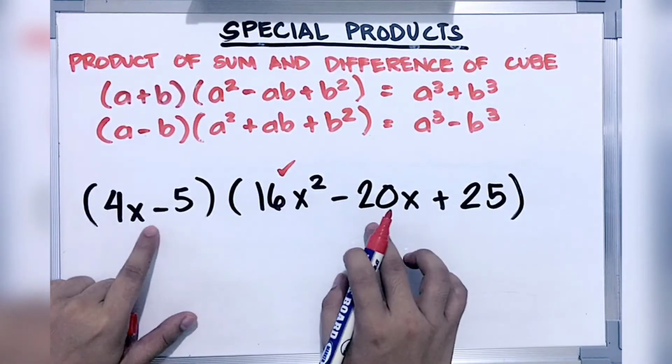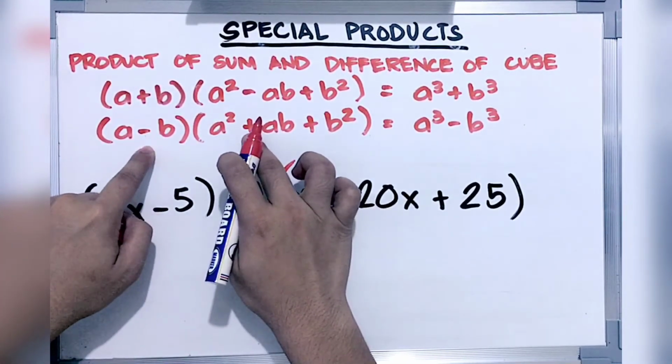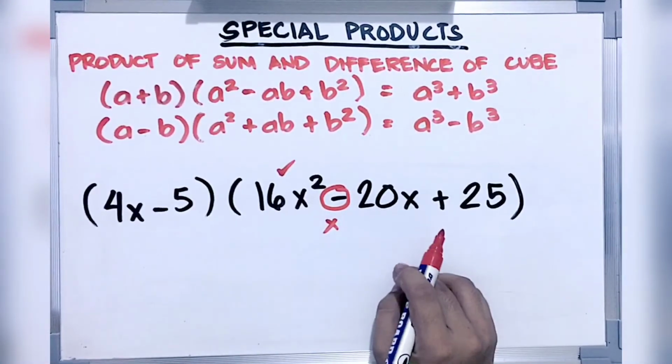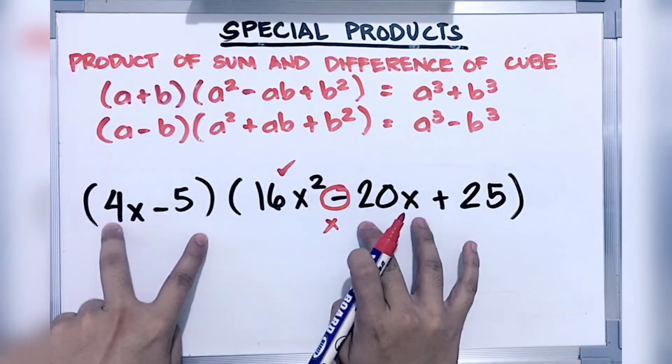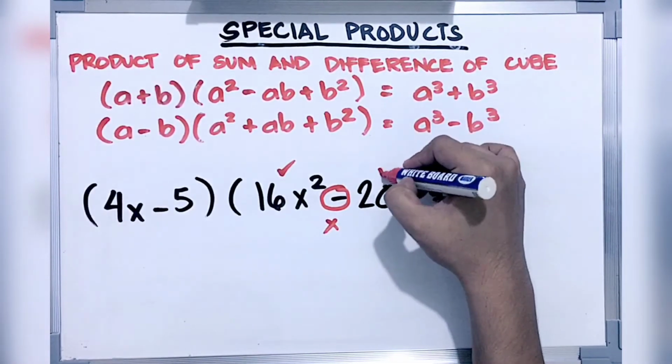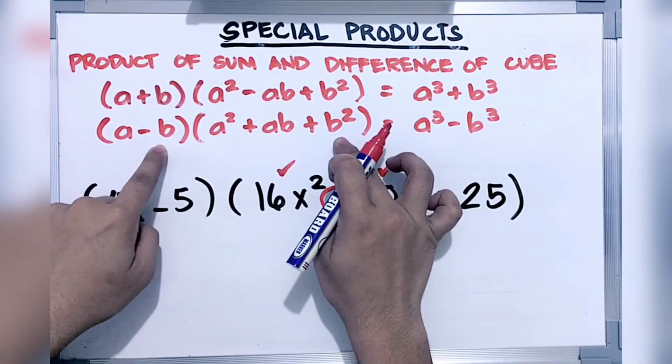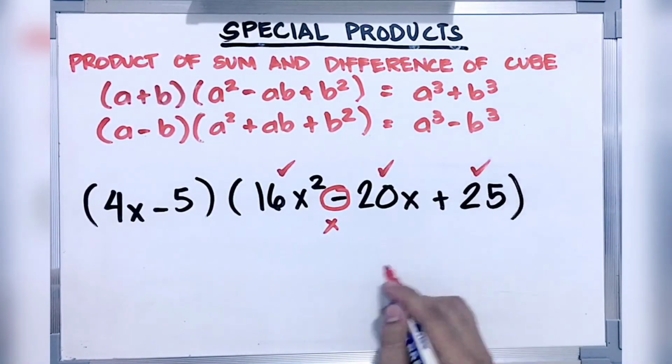Then, yung second term natin, dapat opposite yung sign. Kaya lang ito ay negative. So, hindi siya pwede. Pero, ito naman ay nag-conform siya. Then, yung last, square nito ay nag-conform.